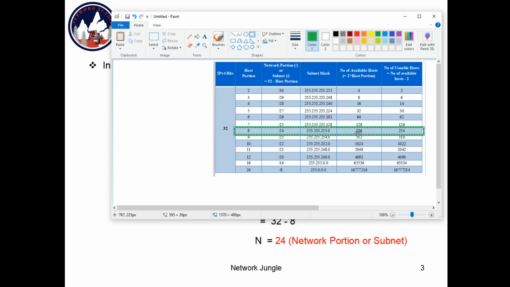That's why we get 256 available hosts, then 254 usable hosts. So 2 power 8 equals 256, minus 2 for the network address as well as the broadcast address. The valid IP address range is from 1 to 254.